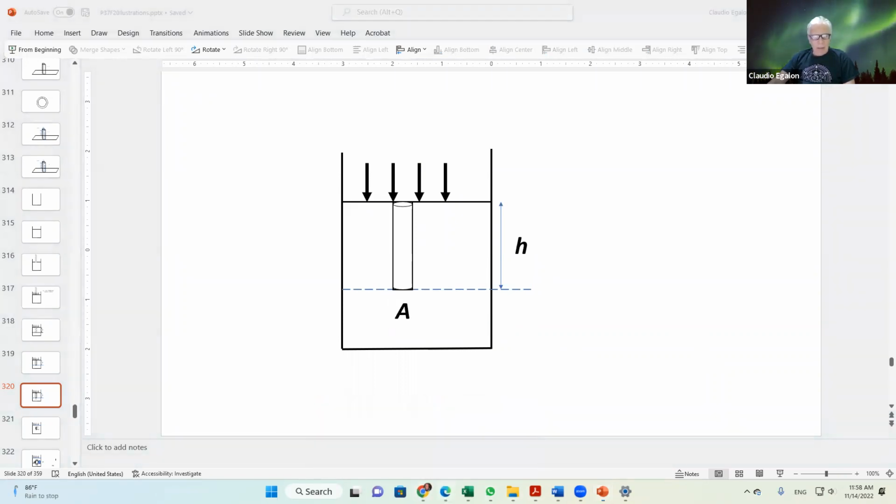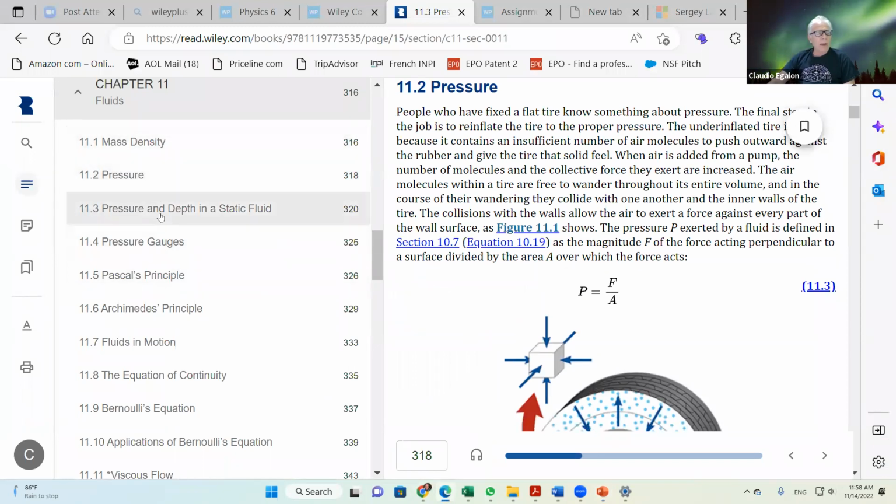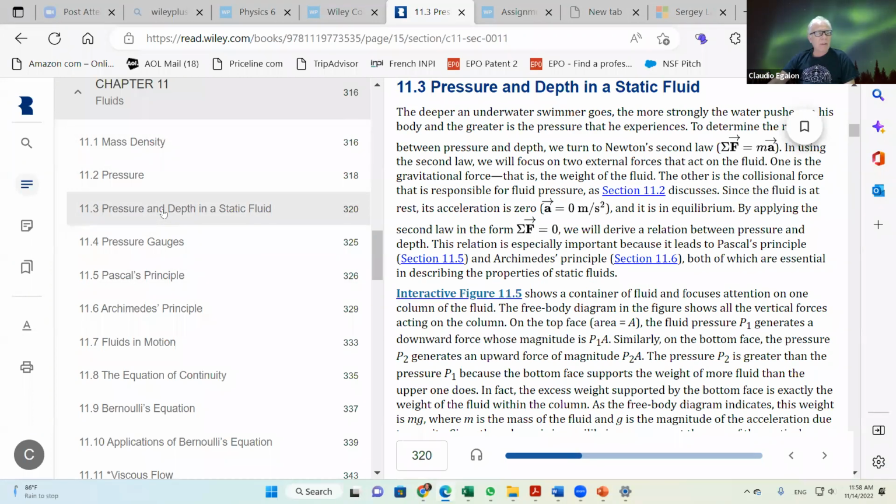This is what we are doing here again. We did mass density, we did pressure, and now we're doing pressure and depth in a static fluid. It's a fluid that's not moving, a fluid at rest. If the fluid starts moving, then we have another type of pressure that we call dynamic pressure, but we're not going to cover that.